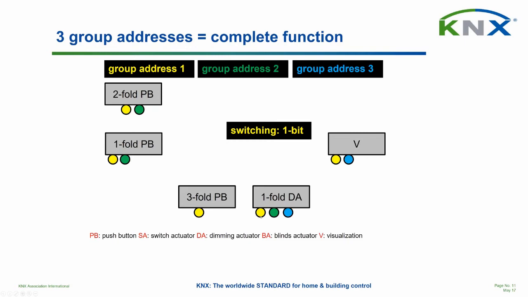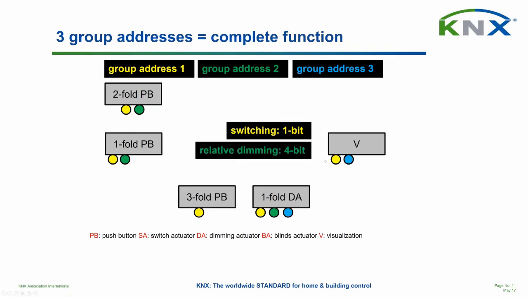And if telegrams come from the push buttons, it would have an influence on the dimming actuator. What we also see is that the switching data point is included in the visualization system, so we will also be aware of the status of the lamp in the visualization system. Is it switched on or is it switched off?